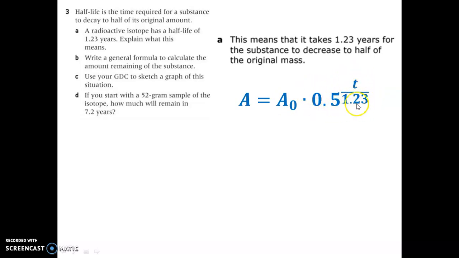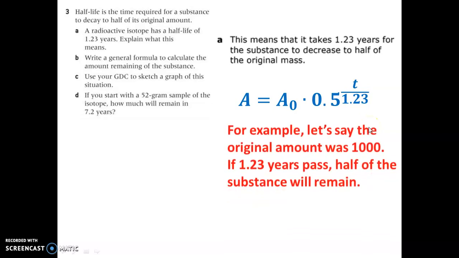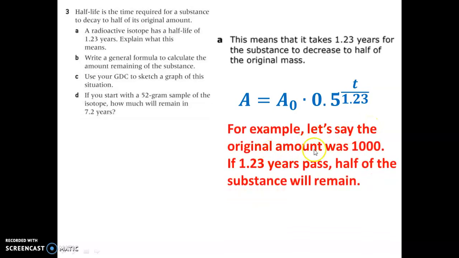Now this exponent is the tricky part. Since it becomes half of its amount every 1.23 years, we need to put the amount of years in as a fraction here, because every time we put an amount of years in for t, it is saying what portion of the half-life we have completed. For example, let's say we have an original amount of 1,000.